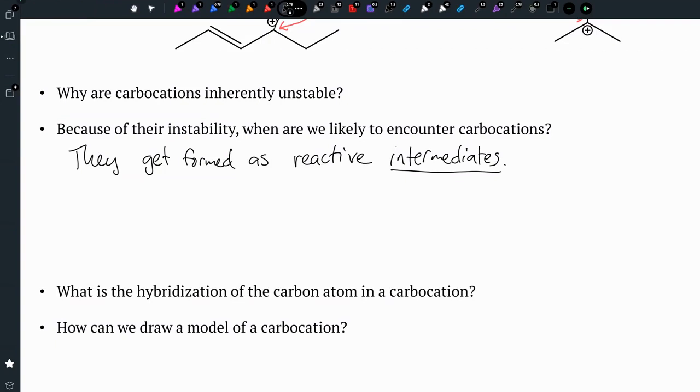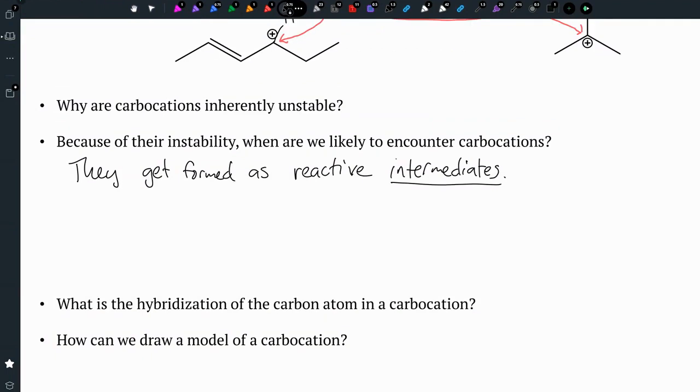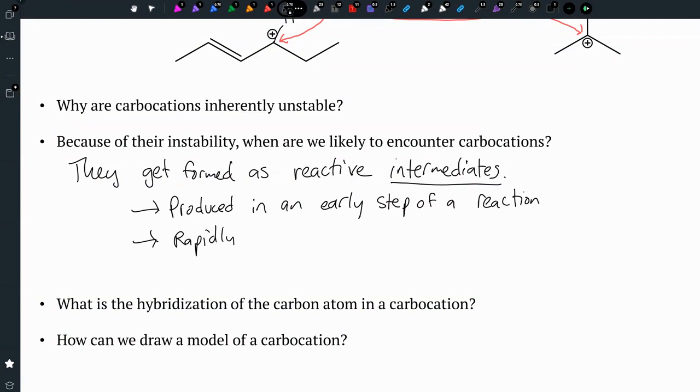Because carbocations are unstable, they get formed and then very rapidly react in subsequent steps of the reaction. So they're produced in an early step of a reaction, and then they rapidly bond with something to complete the reaction.